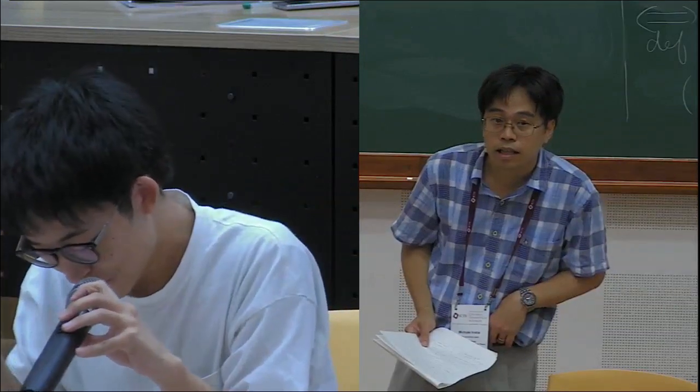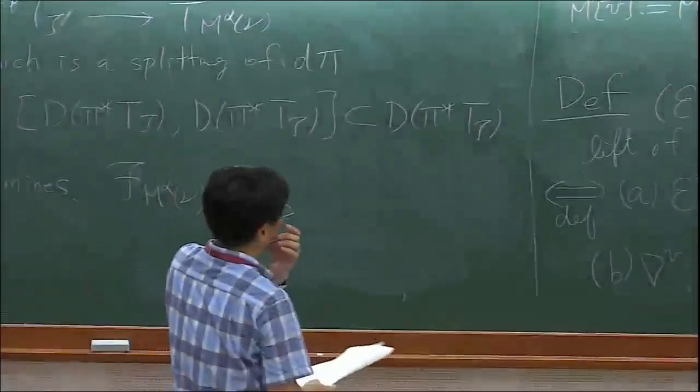I cannot understand why this D corresponds to the isomonodromic equation.